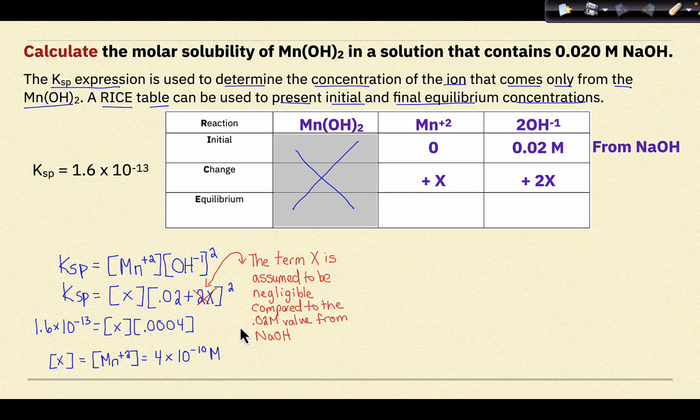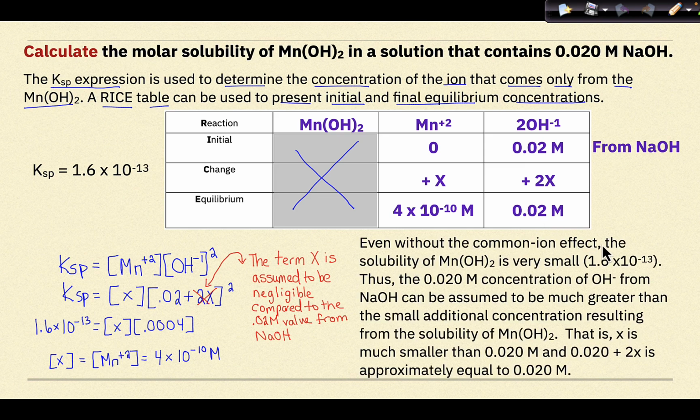Finally, I'm going to take this value and put it into my ICE table. So the Mn2+ value is 4 times 10 to the negative 10 molar, and my value for the hydroxide is still going to be 0.02 molar. Even without the common ion effect, the solubility of Mn(OH)2 is very small, as stated before, as it is 1.6 times 10 to the negative 13.